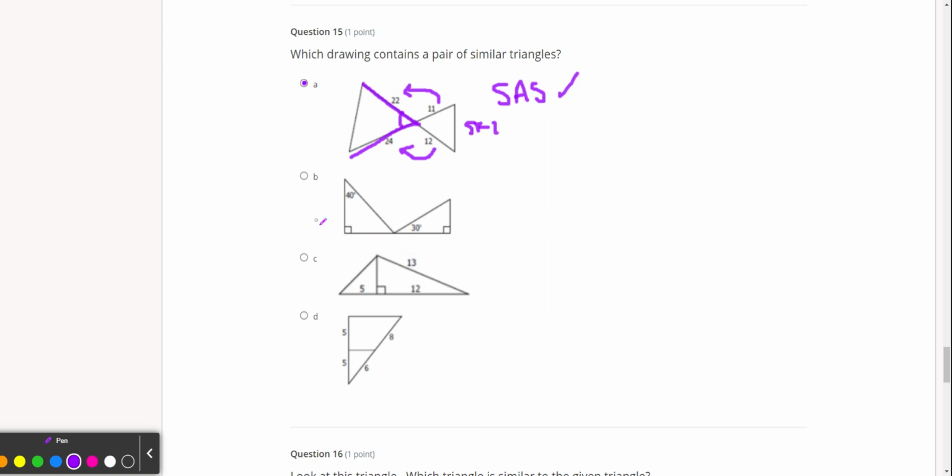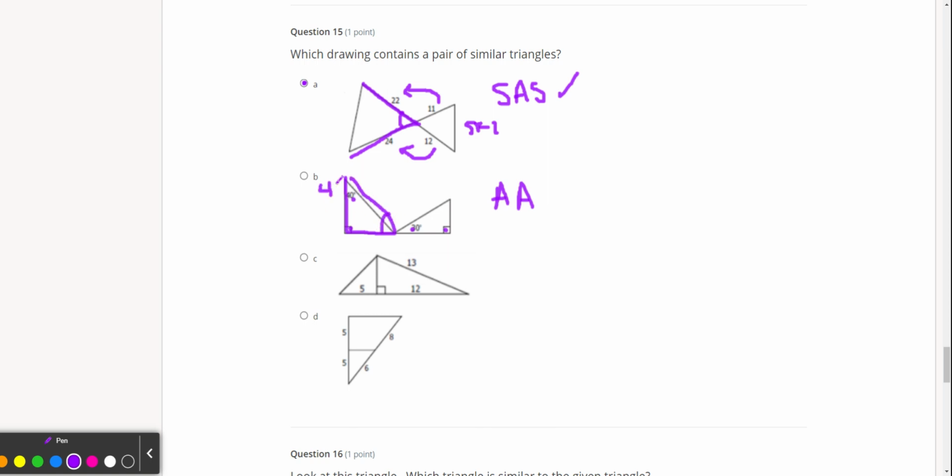What about this one? If this is going to be something, what is it going to be? What's the only thing you're given here? Sides or angles? These are all angles, 40 degrees, right angle, 30 degrees, right angle. So if this is something, it's going to be angle, angle. Can I look at just this triangle and figure out what the missing corner is?